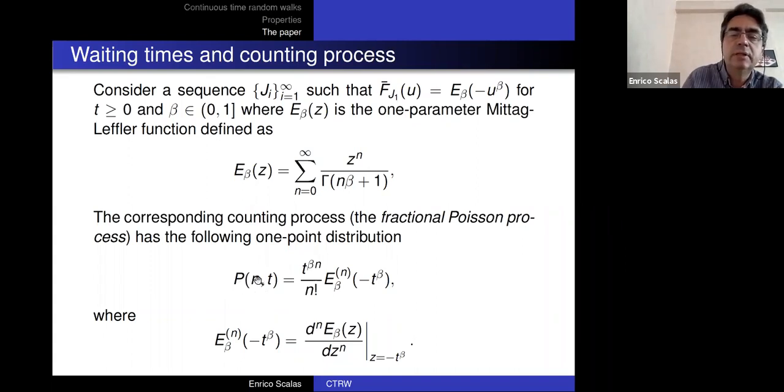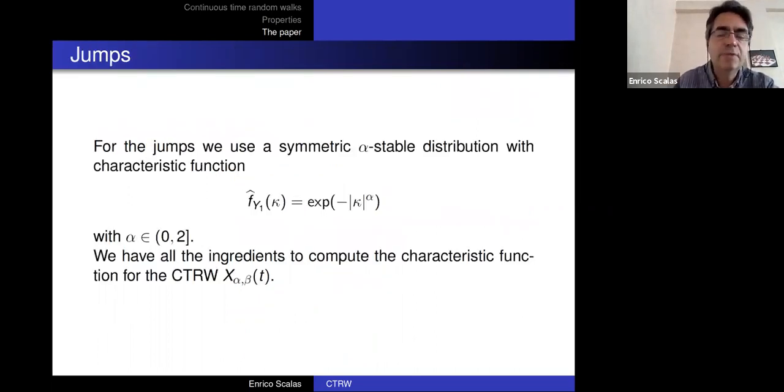The name is here. So we have an analytical formula for the counting process distribution. And now the jumps. For the jumps, the situation is also straightforward. We use a symmetric alpha stable distribution, and its characteristic function is given by this formula here, with alpha in the interval (0, 2].